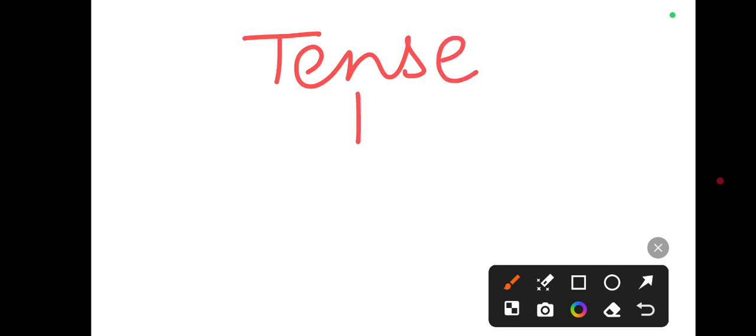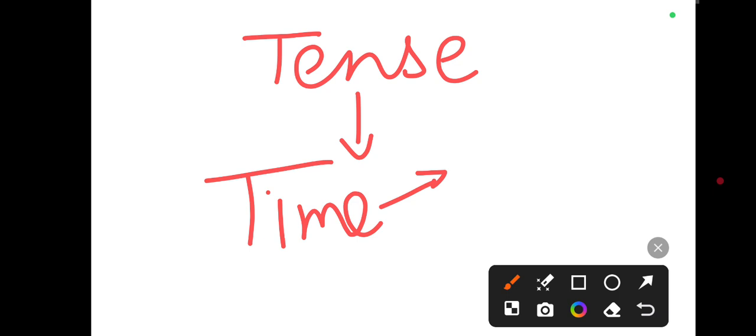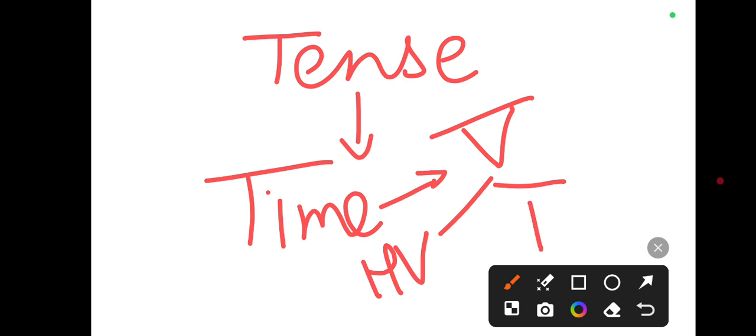So you know that tense means time, right? And time is denoted by different forms of verb, right? And there are two types of verbs, helping verb and main verb.